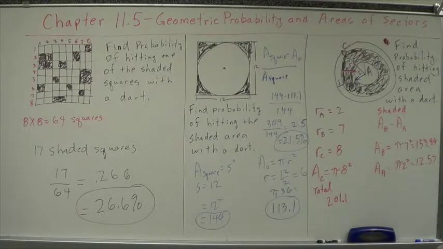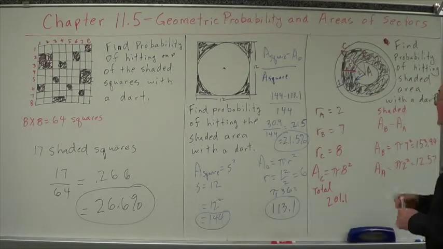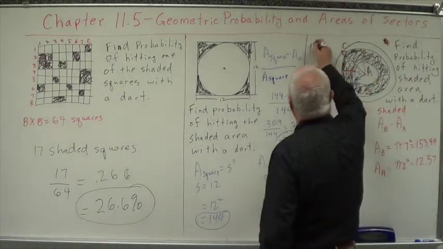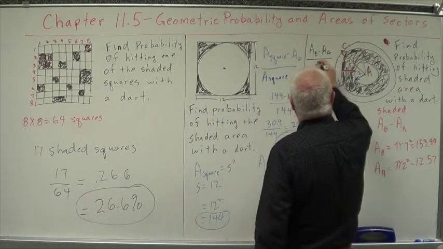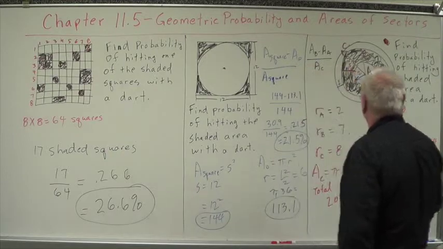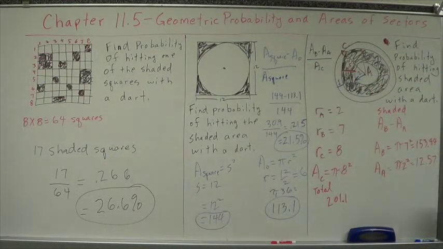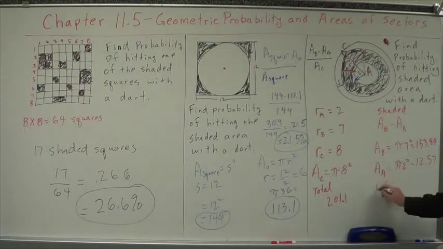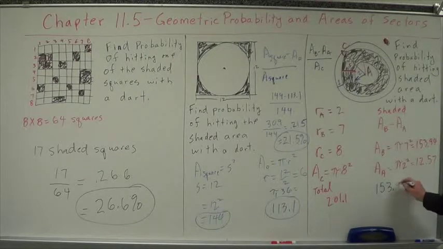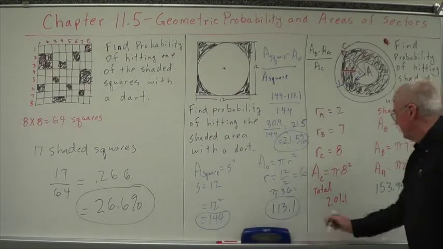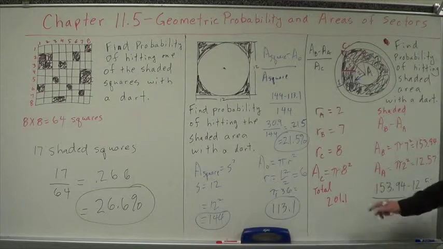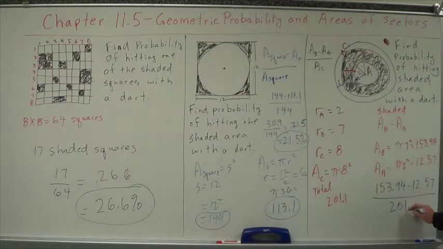So we've already said we're looking at the area of circle B minus the area of circle A, divided by the area of circle C. You ready? Area of circle B, 153.94, minus area of circle A, 12.57, all divided by the total area, which is 201.1.